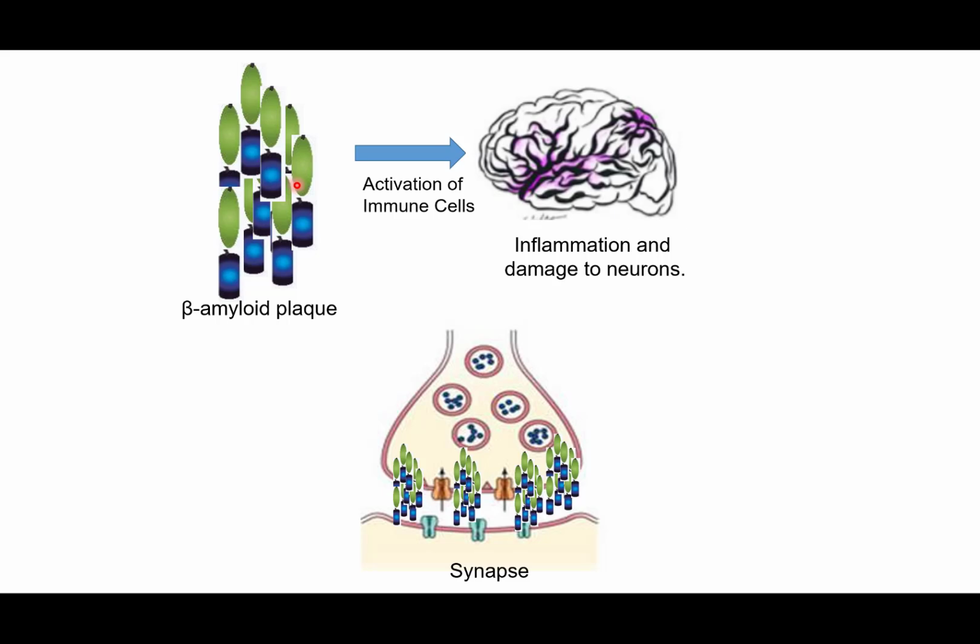So the obvious thing that the plaque does, I hope for most of you, is you're pushing this stuff out of the cell, right? And the plaques are being made. So they're going to eventually clog the synapse. They're going to make sure that the connection between the post and the pre can no longer work well because you're clogging it. It's like literally clogging a sink. You put a bunch of stuff in there, water won't flow through it. Same thing, neurotransmitters can't go through it.